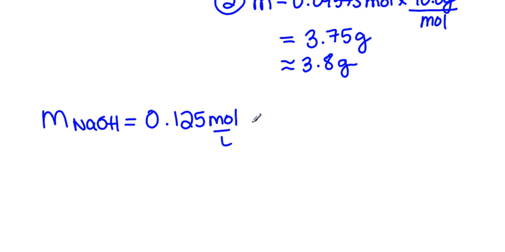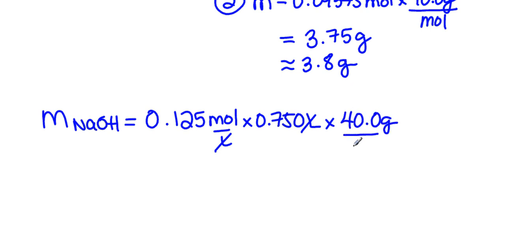Take your concentration, multiply it by the volume, or you could have even put the volume first and the concentration second, it doesn't matter. Liters and liters cancel. And then you multiply it by your next ratio, which is the molar mass, 40 grams per mole. And you can see moles and moles cancel.